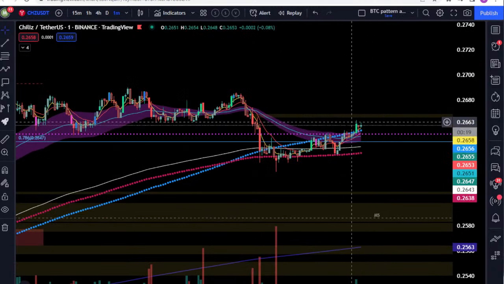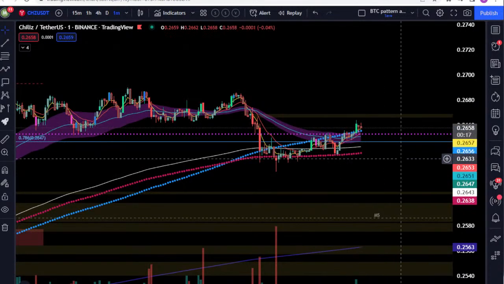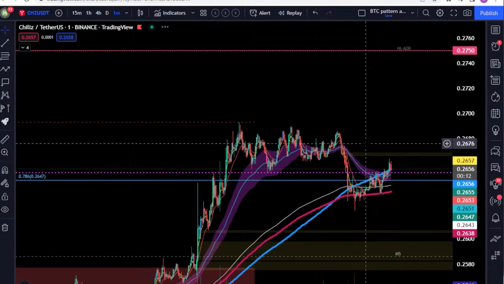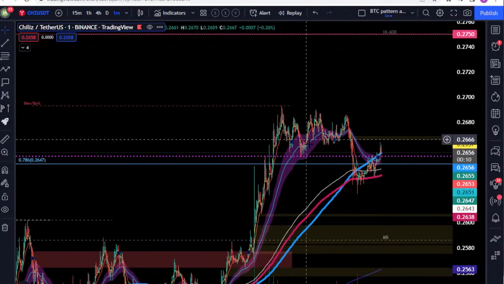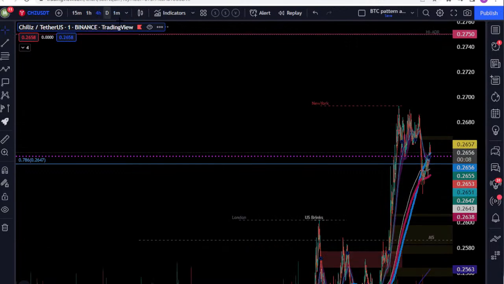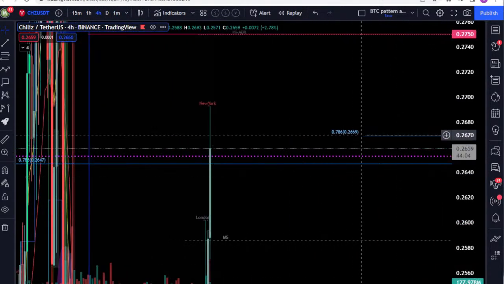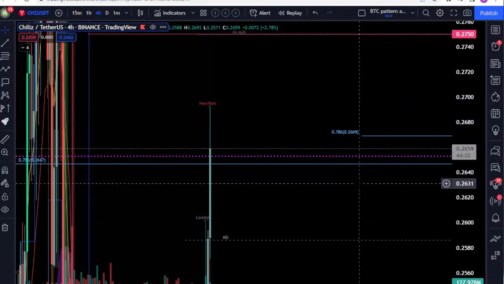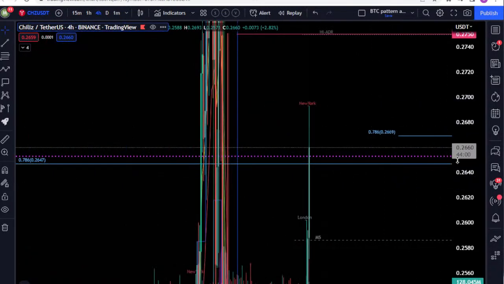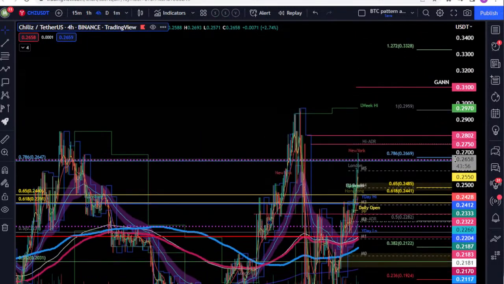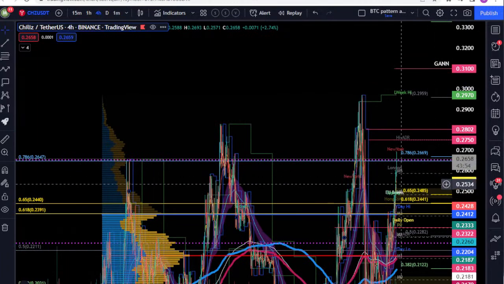We have the vector candle above the 50, and it might take us higher. But just to let you know that for Chiliz, we have hit the 0.786, exceeded it and got rejected. We are at a horizontal level of resistance.